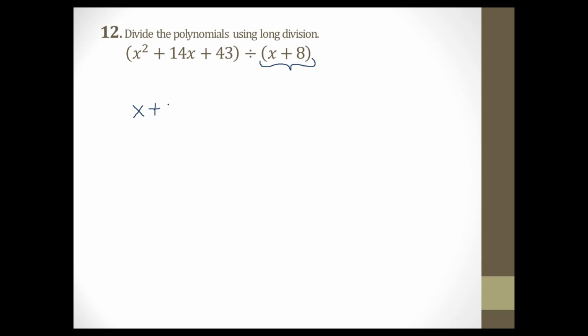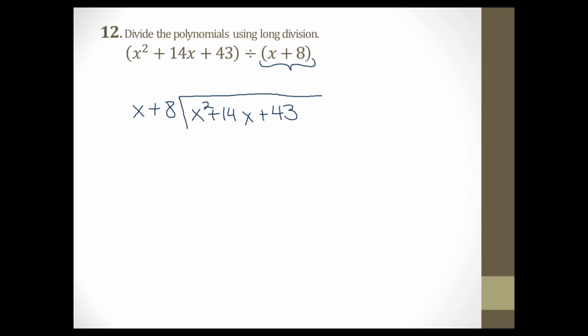So x plus 8, and then we're writing our division bar, and then the first one, x squared plus 14x plus 43, and we want to make sure that all terms are present and in descending order. Here it starts with the x and then goes to the constant, so we're good here.